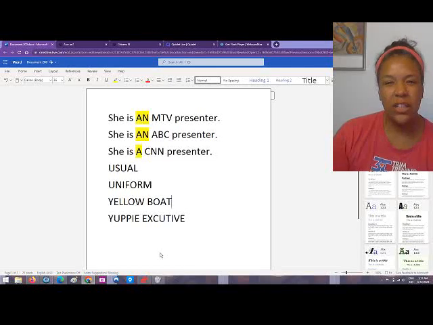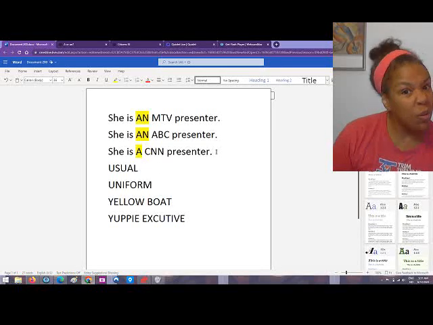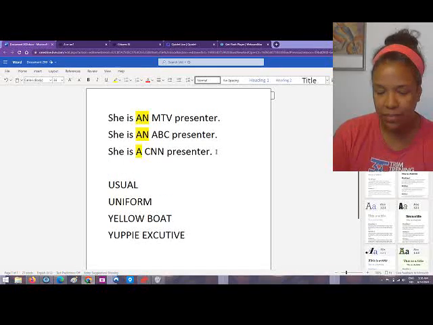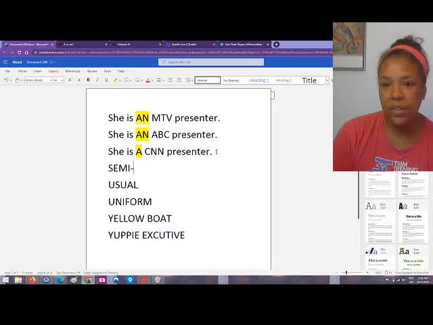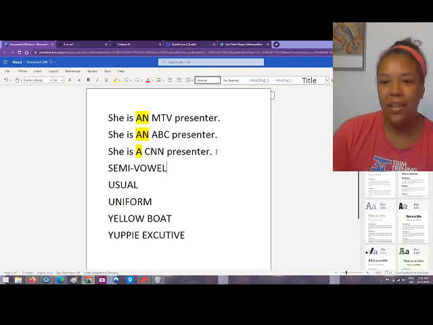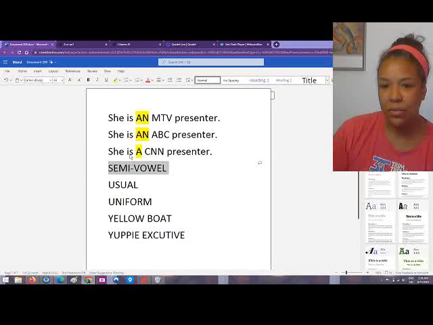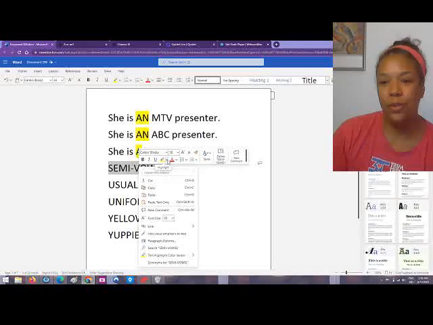That sound, y, is a semi-vowel. It is not a vowel, it is not a consonant. Semi vowel. And before these sounds, you should always use a.